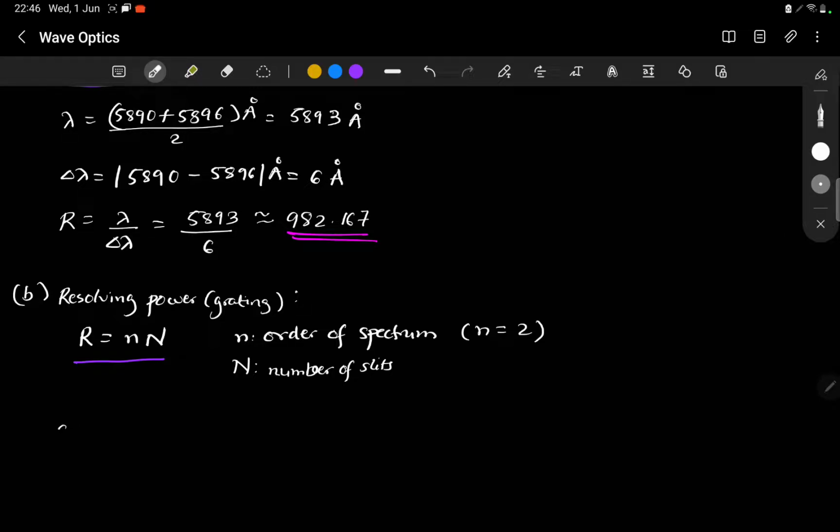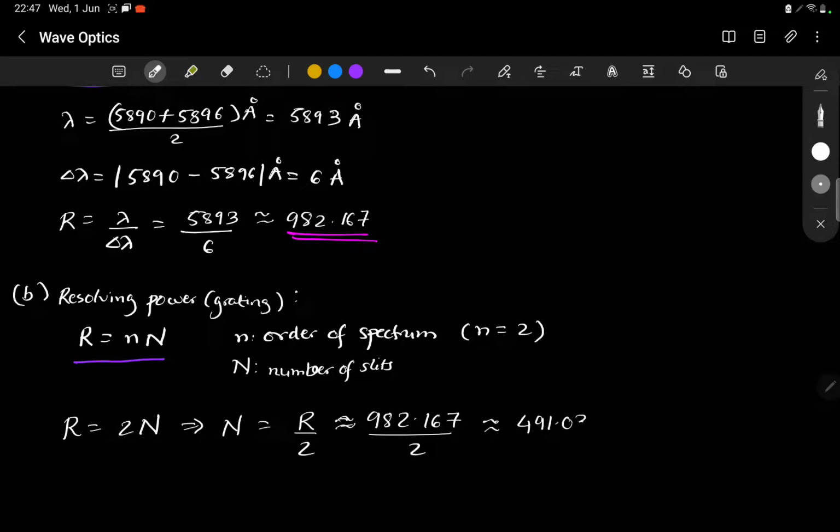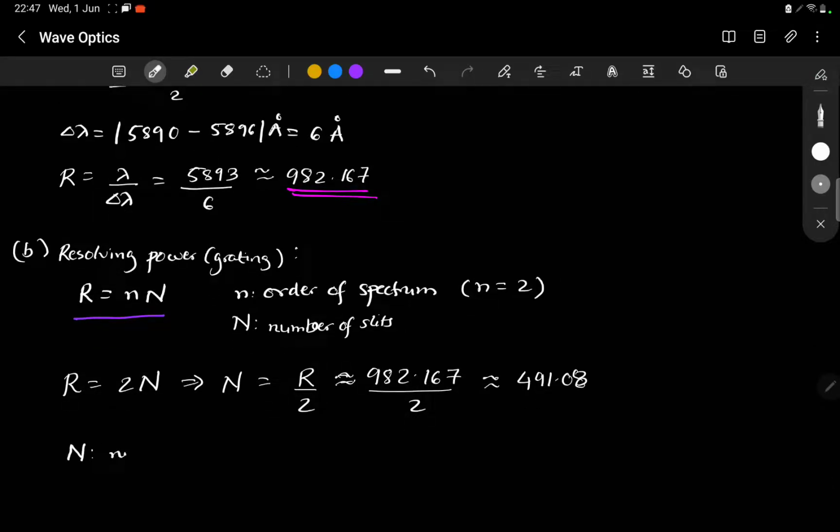So for our case, R is equal to 2 times N, and R we have from the above part, which again when we put in the calculator we get the number of slits N to be illuminated is roughly at least 491.